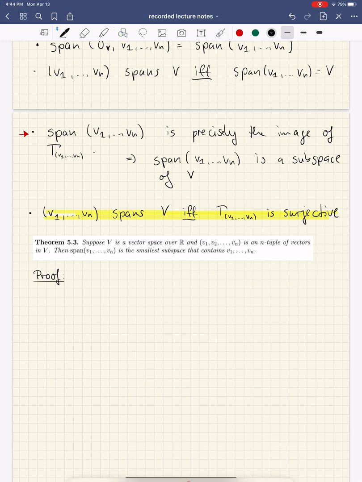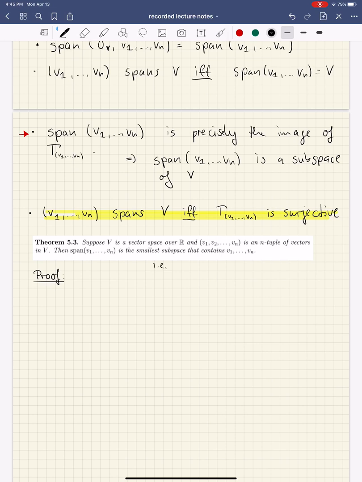Let's start with a vector space over R, and we take an n-tuple of vectors. Then we've seen already that the span of v1 through vn is a subspace. It should be obvious that it contains v1 through vn, but what I'm claiming now is that it's the smallest subspace that contains them. So what does that even mean?